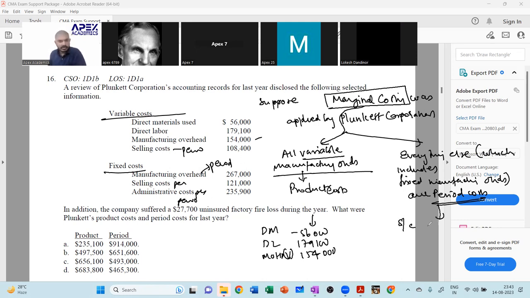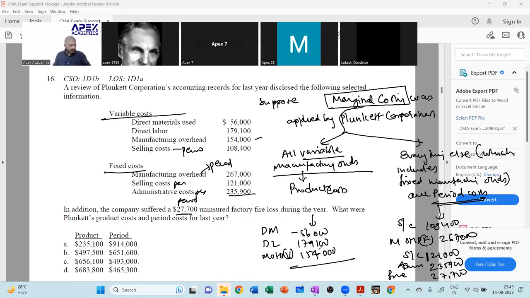So your selling costs 108,400, period. Your manufacturing overheads which are fixed, 267,000, period. Selling costs 121,000, period. Admin 235,900 and fire abnormal loss 27,700.